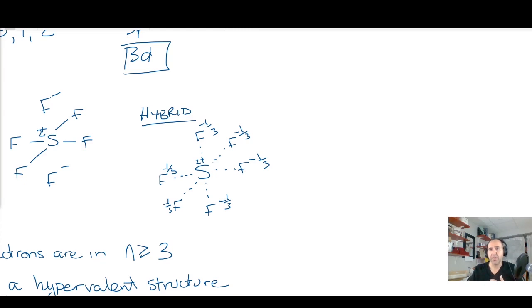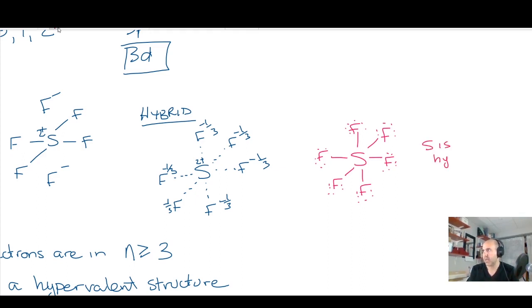So this is the model that they use because in the version that I drew before, where it's all covalent bonds, the sulfur is hypervalent. The Fs are never hypervalent, because if you count the electrons, they have 8, right? So in this version, the sulfur is hypervalent.